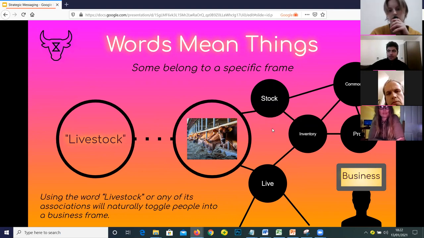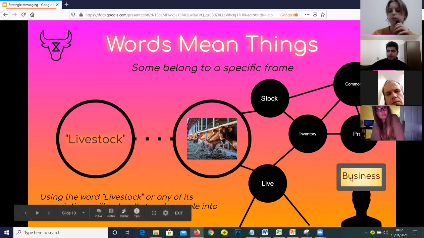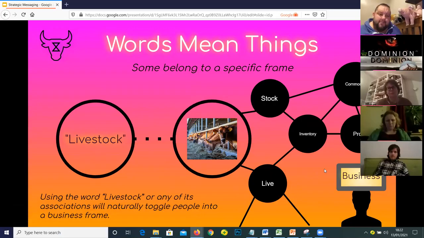If we look at the associations one might experience with the word stock, we have stock, inventory, commodity, ultimately something business related, like profit. So it's quite clear that the word livestock belongs to a business frame, right? That's not a frame we ever really want to evoke, because it'll lead to these associations.